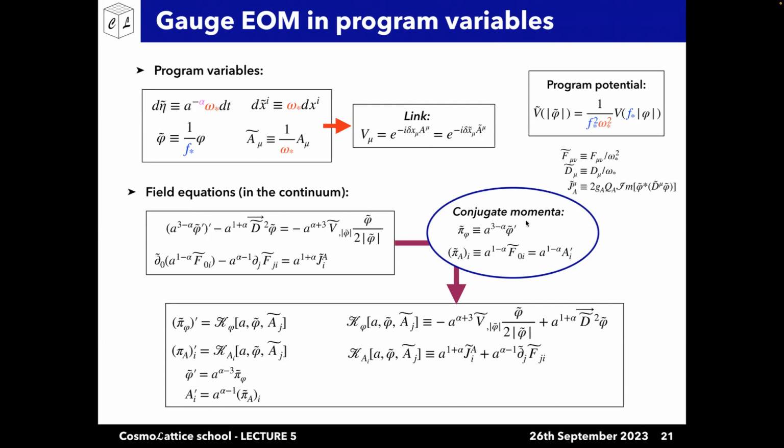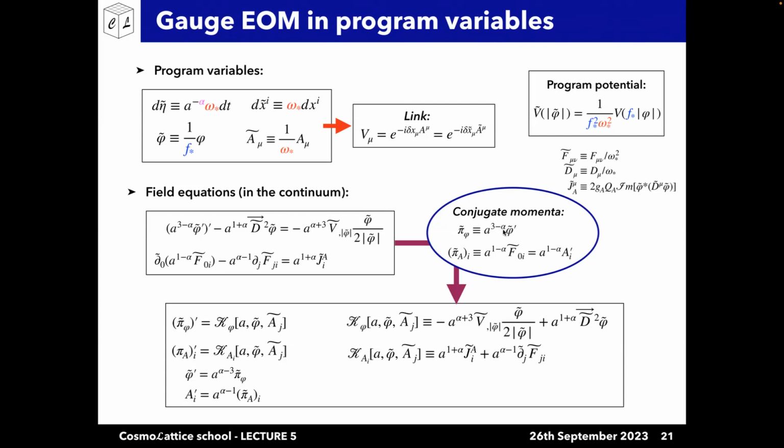So in a natural way, what we do is to define the conjugate momenta for the complex scalar as a to the 3 minus alpha times the time derivative of phi. This is the same as for the scalar singlet. But then for the gauge field component, we define the associated conjugate momentum as a to the 1 minus alpha, A_i prime.